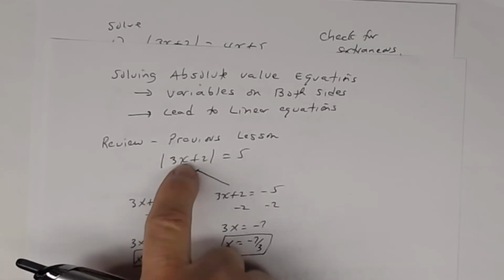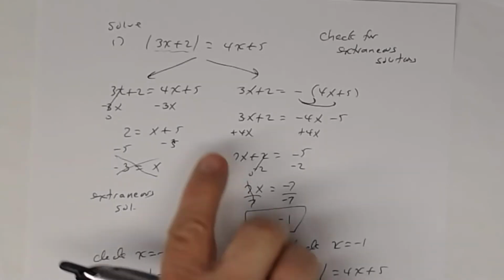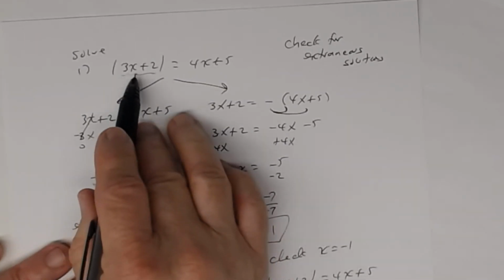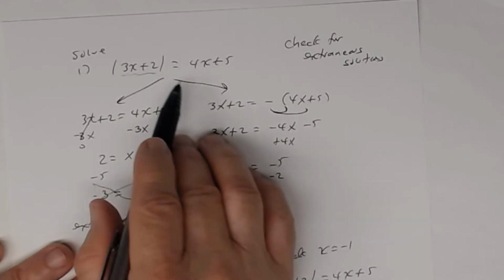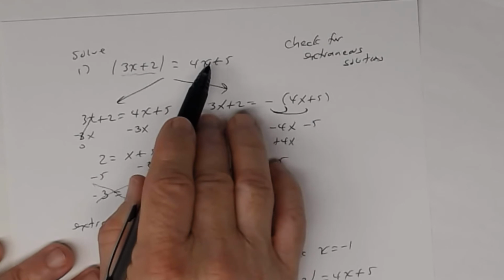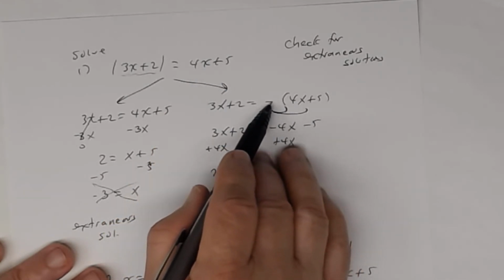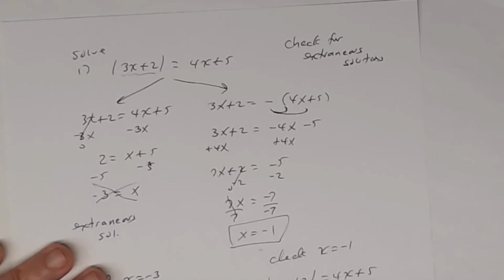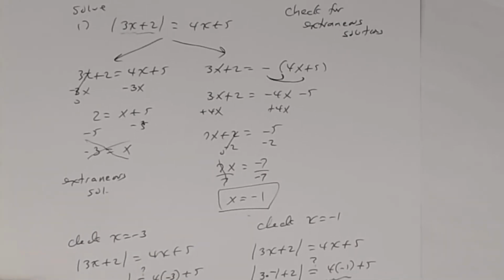If this is negative, then this has to equal the opposite of the other side. And that same idea here. So if this expression is positive, then this and this must be equal. If this expression is negative, then this expression and this side must be opposites. So in order to make them equal, we have to take the opposite of this side of that expression. But you must check. Don't forget to check for extraneous solutions.